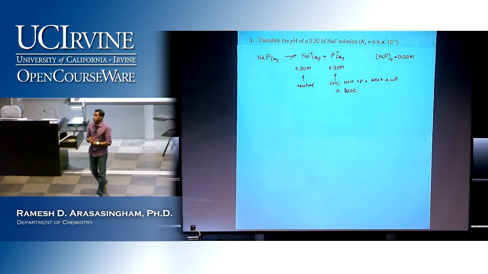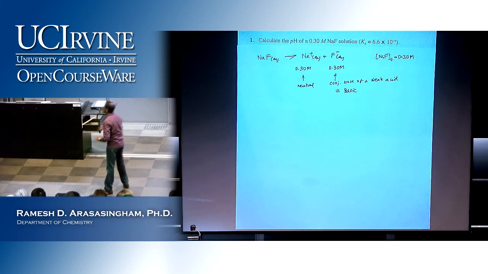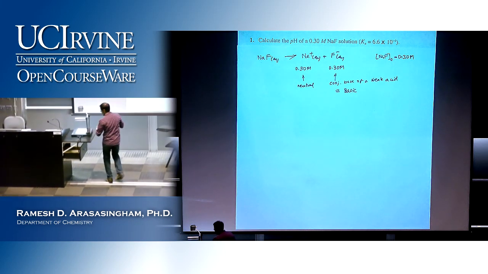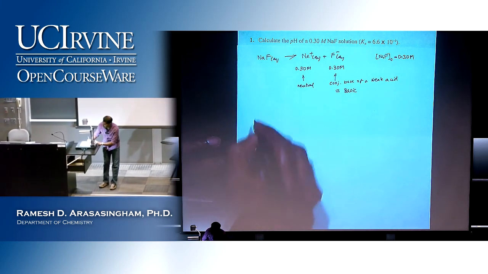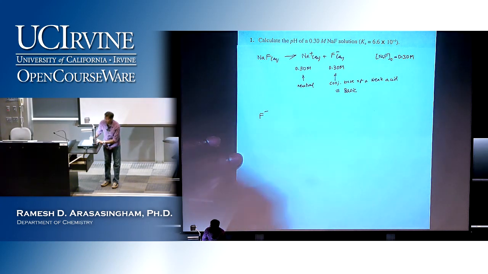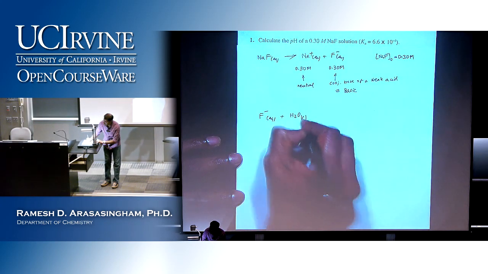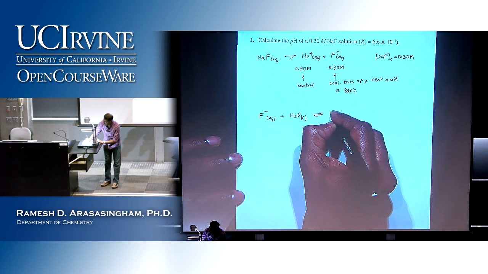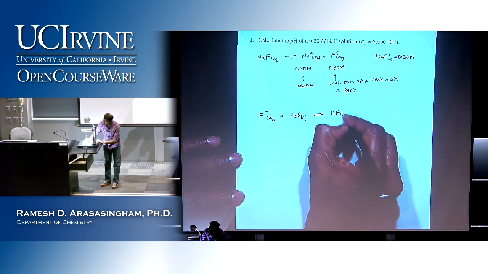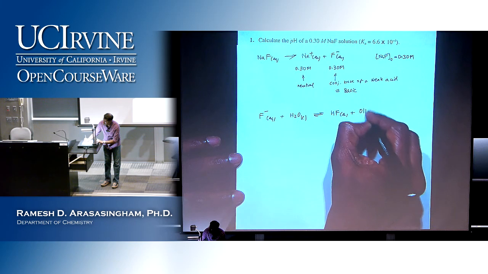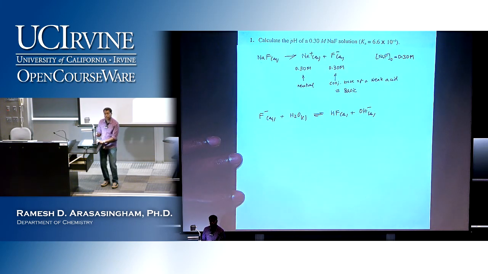That's not going to affect the pH of the solution. But the other component is going to affect the pH of the solution. And in that case, the equilibrium that will be established would be F minus in water will give me HF plus OH minus. All right?